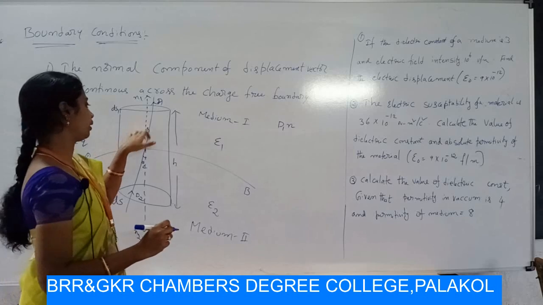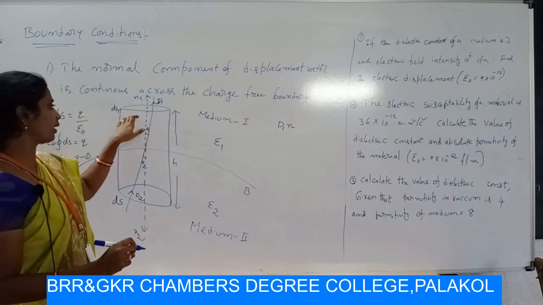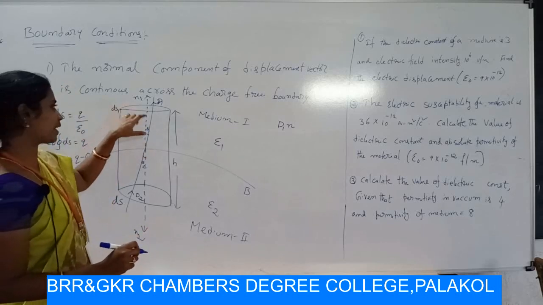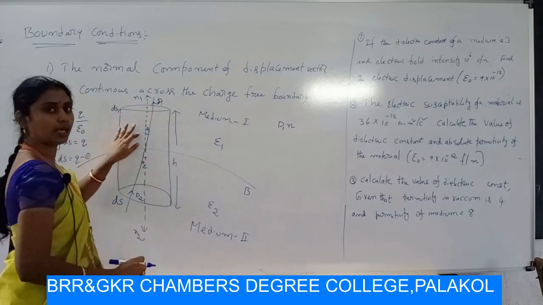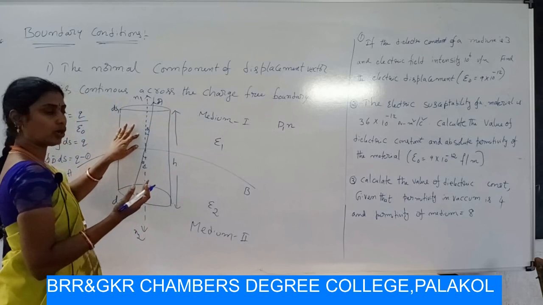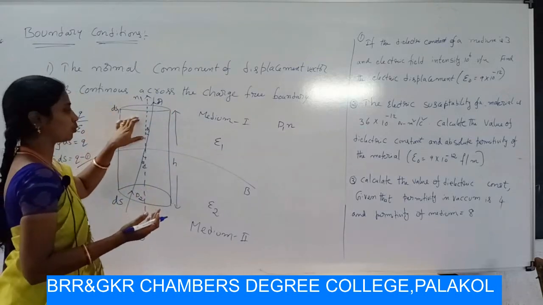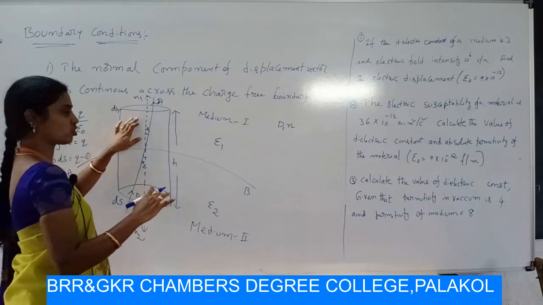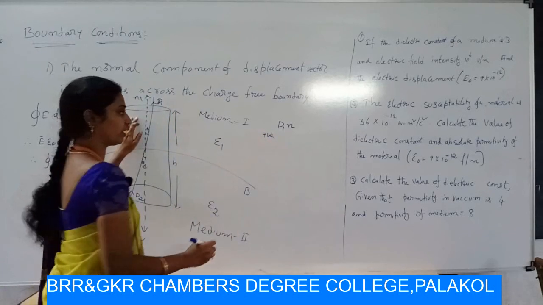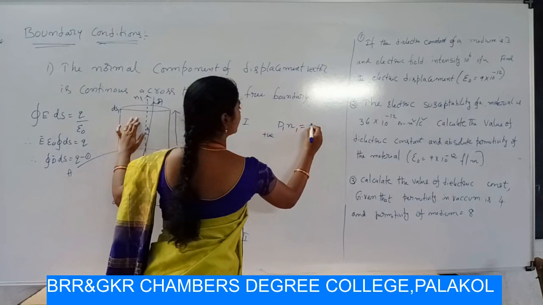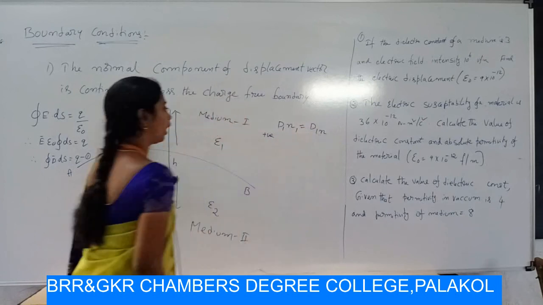We consider the normal component of the displacement vector D1 for the first medium, which is leaving the pillbox. The flux leaving the pillbox for the first medium is treated as positive, so we write D1n.